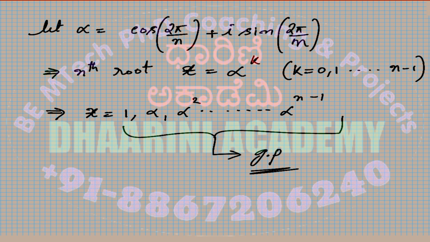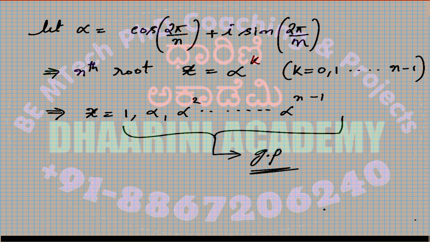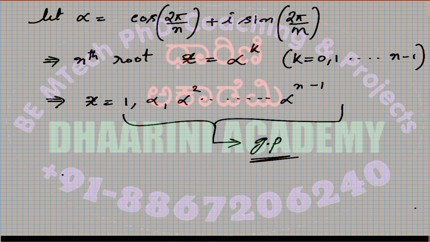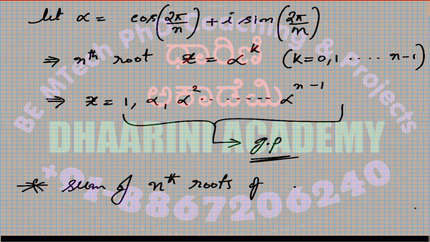We have done it several times so far, and it's very straightforward. So the first point which comes into picture is the sum of all nth roots of unity. We'll try to calculate that.